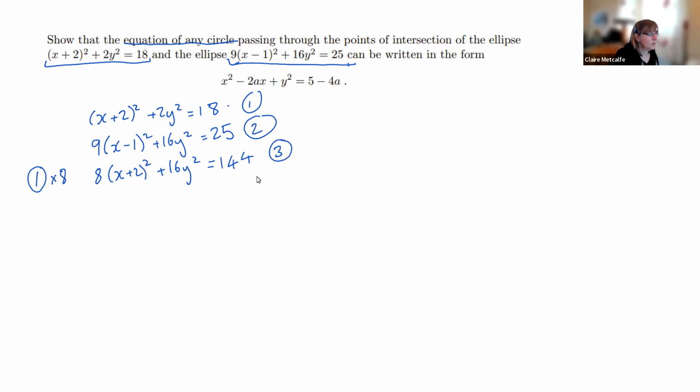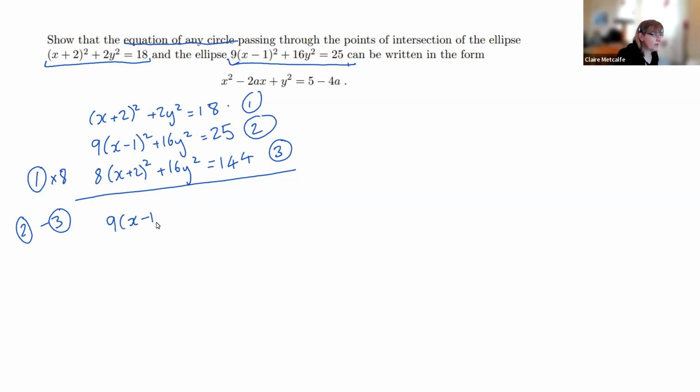Okay, so we want to try and eliminate something. Probably the easiest thing to do is to subtract and get rid of these y's. I'm going to choose to do 2 minus 3. This is going to give me a negative on this side, but it will mean that I don't have a negative outside this bracket, which has a negative inside it. I'm just trying to stop myself making more sign mistakes than I might do otherwise.